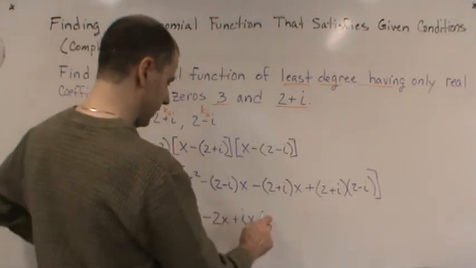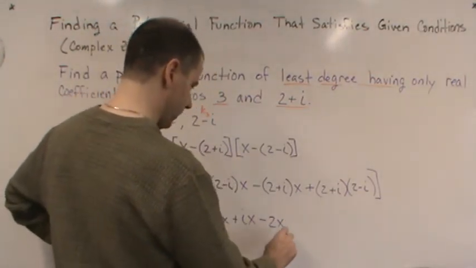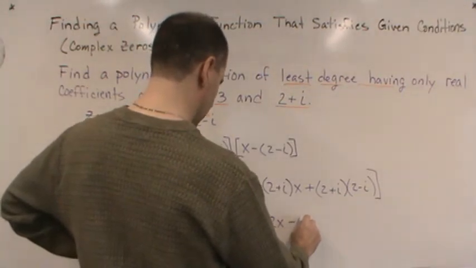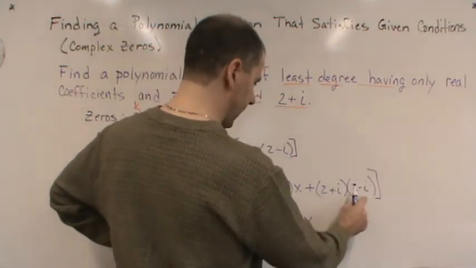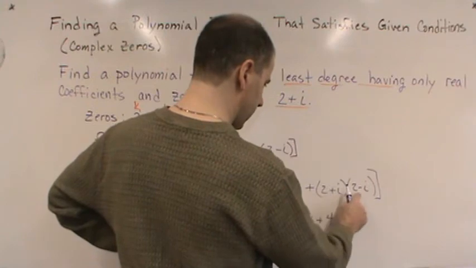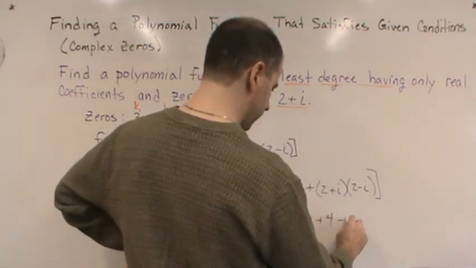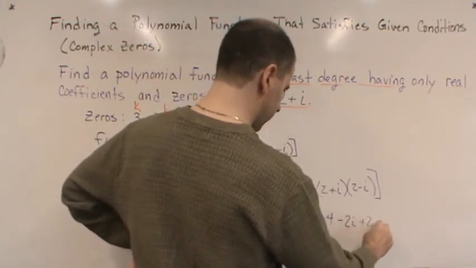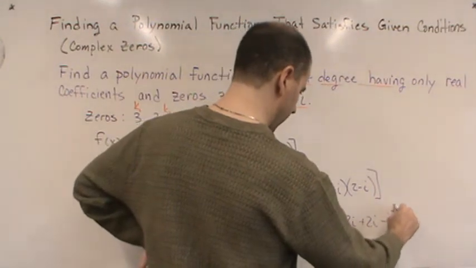And I'm going to do the same thing here. I'm going to get minus 2x minus ix. Now what happens here, I'm going to FOIL again. This is going to give me 4. And then it's going to give me a minus 2i. And it's going to give me a plus 2i. And it's going to give me a minus i squared.